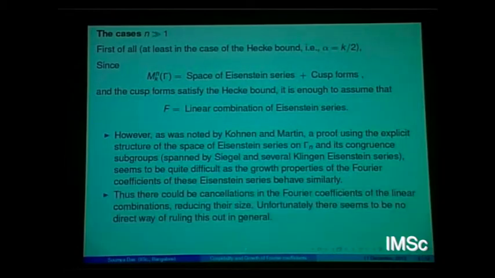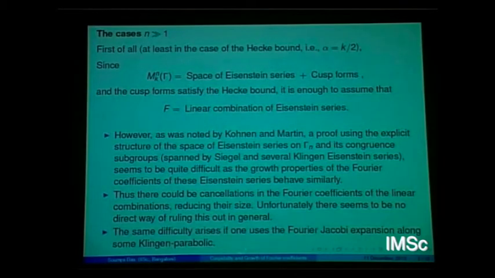So there could be cancellations in the linear combinations of the Fourier coefficients which might reduce their size. There seems to be no direct way of ruling this out in general. The same difficulty arises if you want to use the Fourier-Jacobi expansion and go to the Jacobi group.